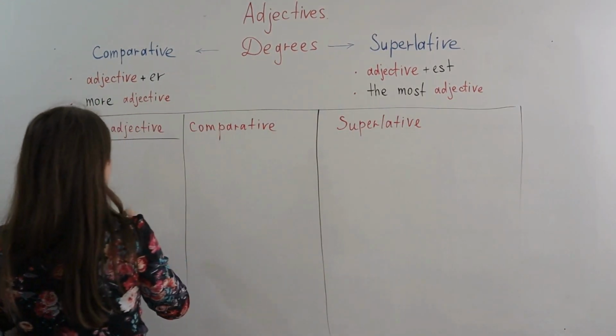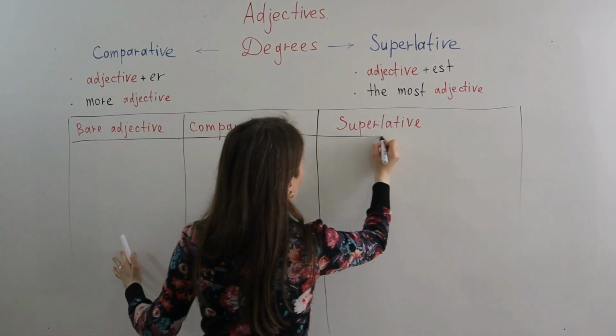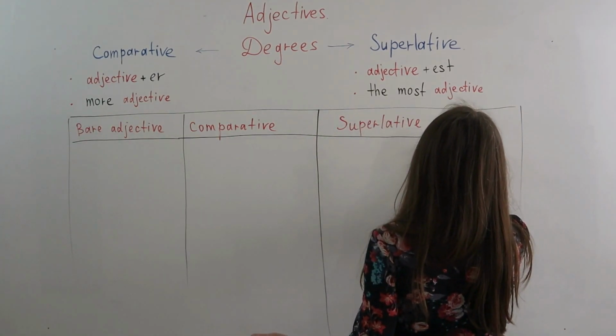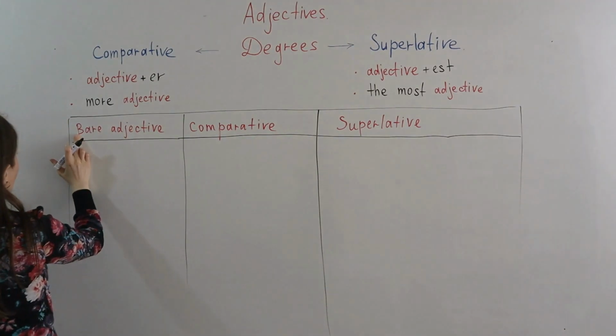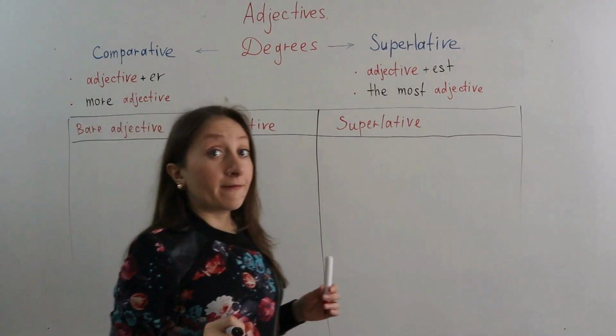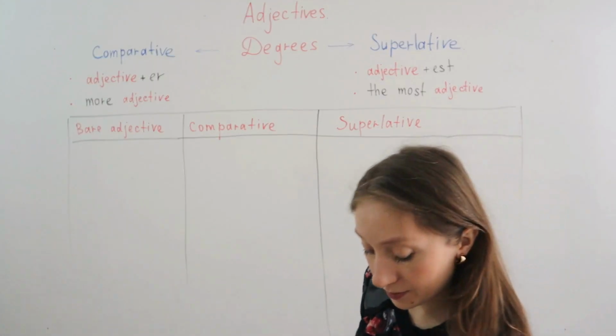So, I will give you the easiest adjective. The first one is, for example, fast. Let me write it. Fast.